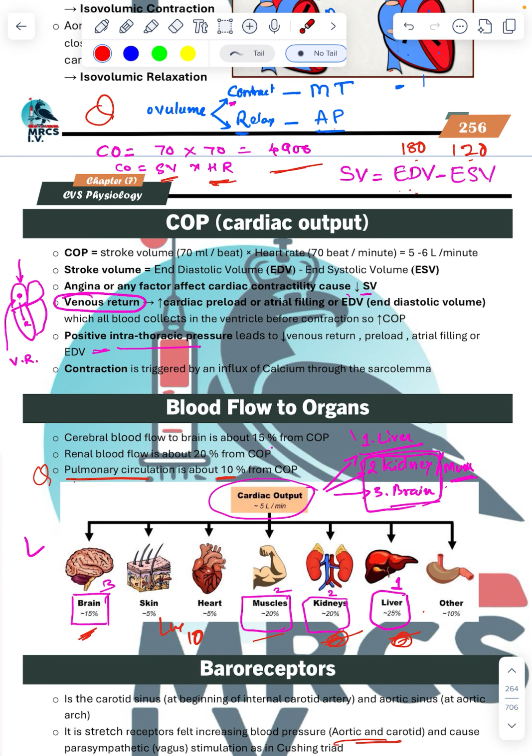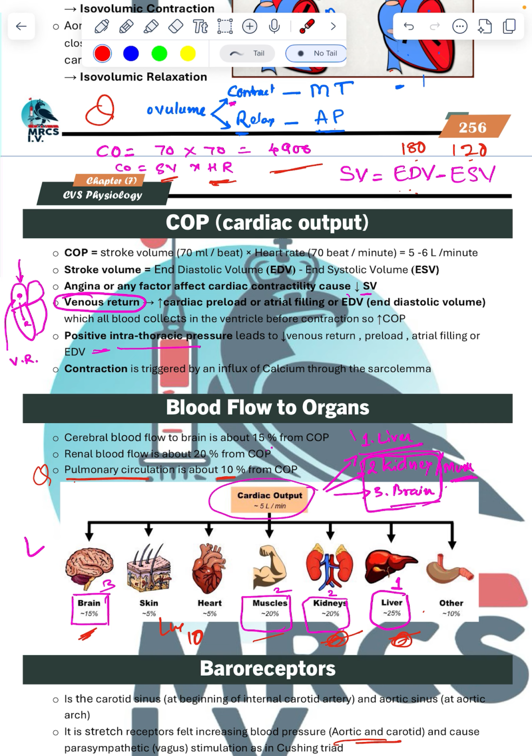So cardiac output, how do we measure it? Stroke volume. In a single stroke, around 70 ml of blood is pushed in one beat. Whatever the heart rate and stroke volume are, multiply them to get 5 to 6 liters. So 5 to 6 liters of blood is pumped in a single minute. What is stroke volume?